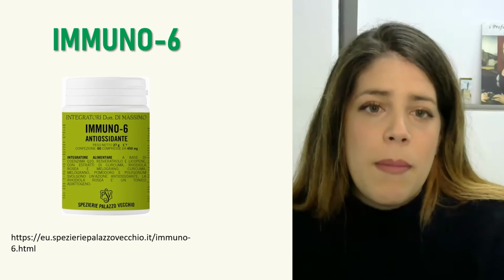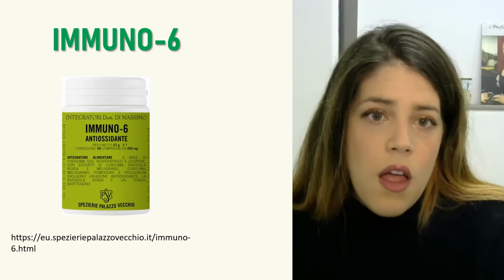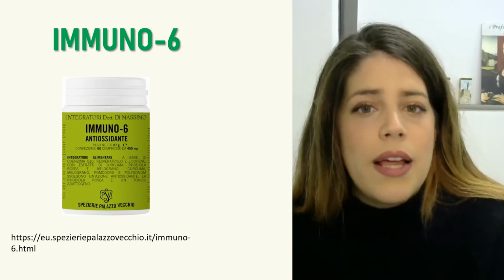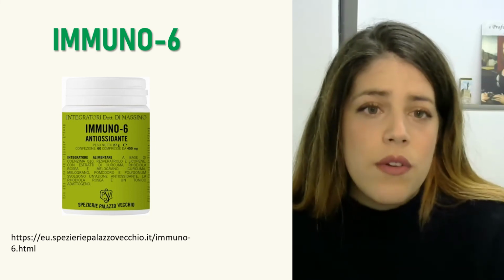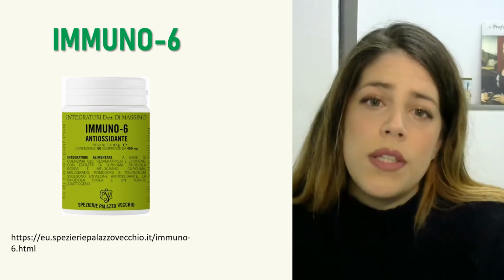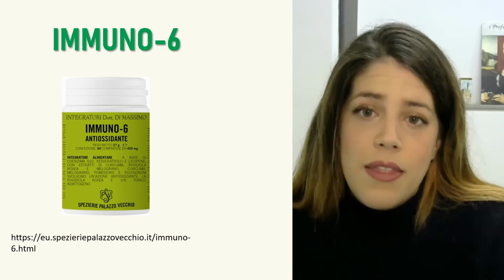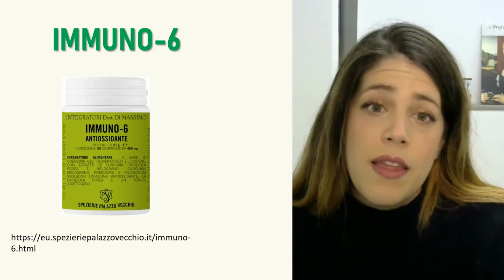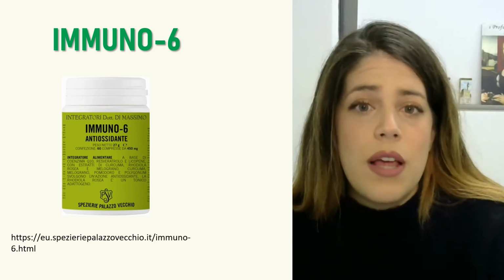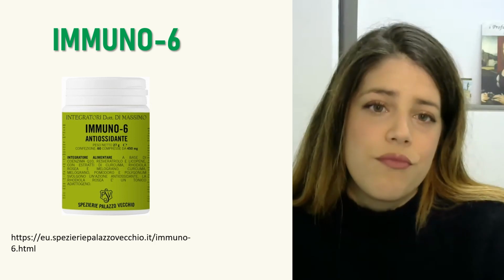The last supplement is Immuno 6, so called because it contains 6 active ingredients including resveratrol, curcumin, coenzyme Q10, and rhodiola rosea that can help cells protect themselves from oxidative stress caused by inflammation.